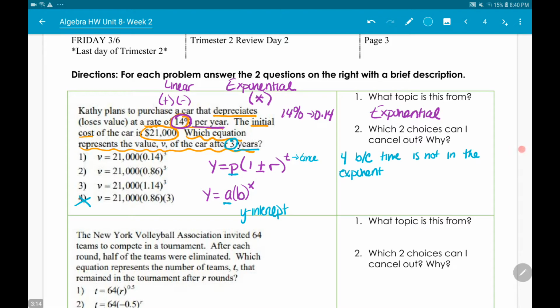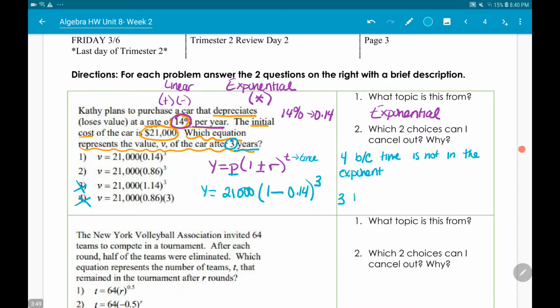It says depreciate, and depreciate means to subtract. So I'm going to use this first equation. We have y equals 21,000 times 1, depreciate means to lose, lose means subtract, and r needs to be the decimal, which is why I converted it before, to the t, 3. So right away, we could also eliminate number 3, because number 3 was an increase.